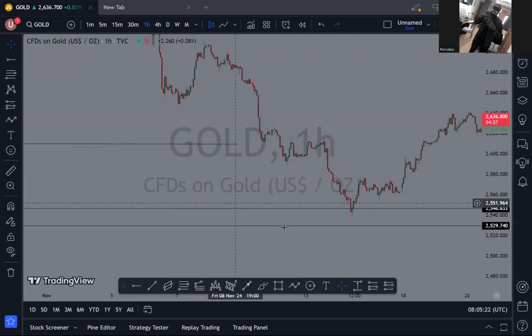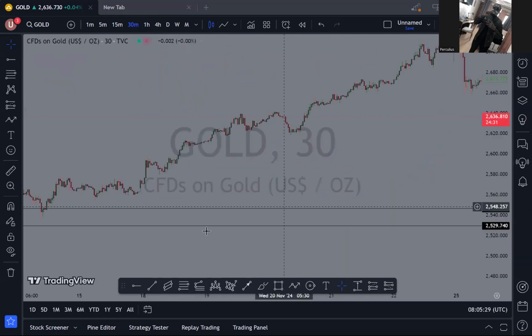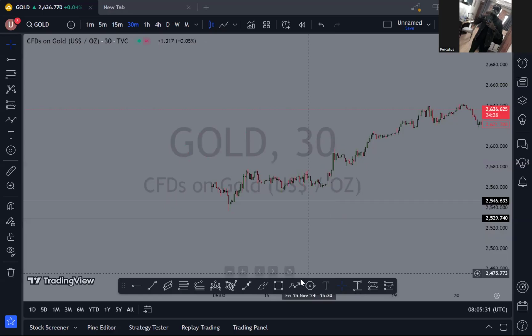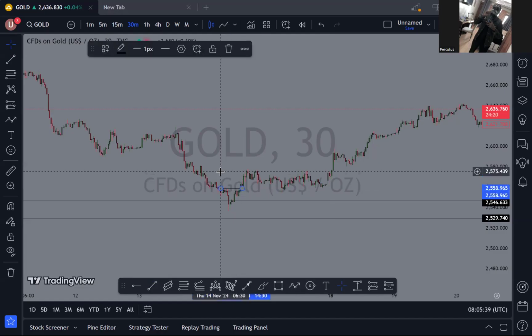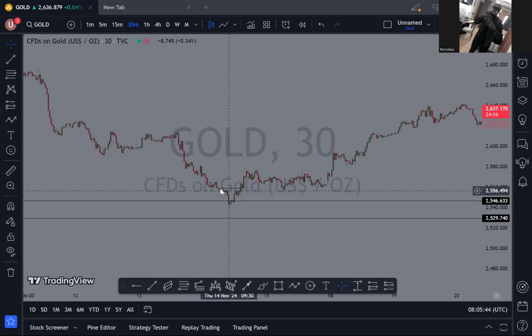So yeah, it's true. What I'm trying to say is, on the 30 minutes, I considered this as a change of character right here. And so what I'm going to look at in the 1 hour time frame for valid confirmation is, is this structure a real change of character?